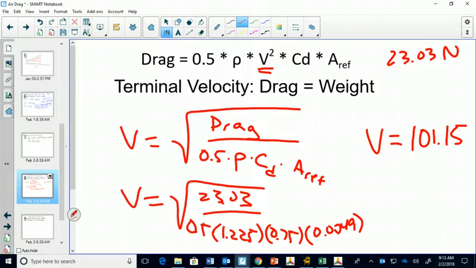Yeah, mine didn't come out right. 101.15? Okay, beautiful. What would my units be here, friends? Meters per second. Excellent.